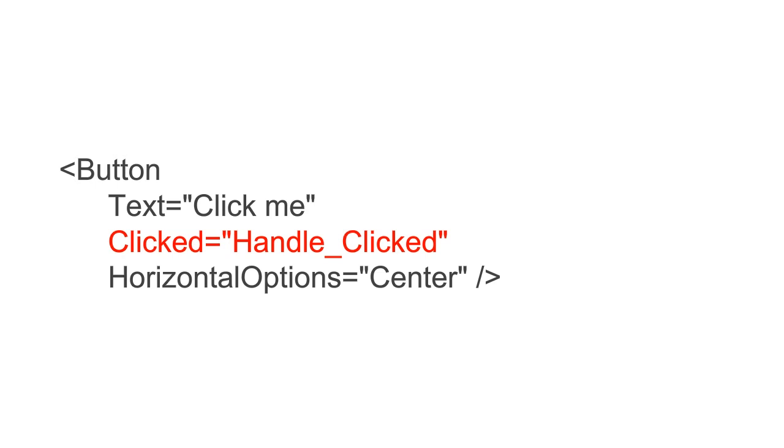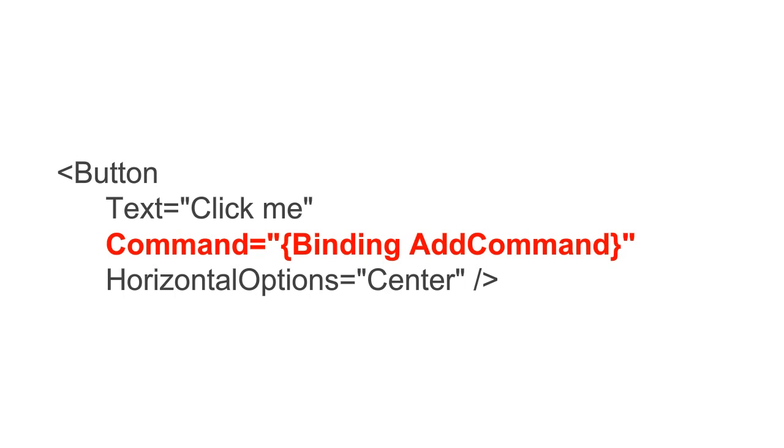This will work, but it's not exactly what we want because it violates the MVVM pattern. We typically want all of our event handlers and nearly all of our logic to be out of the code behind and into the view model. To accomplish moving the event handler out of the code behind and into the view model, the button has the option of a command.